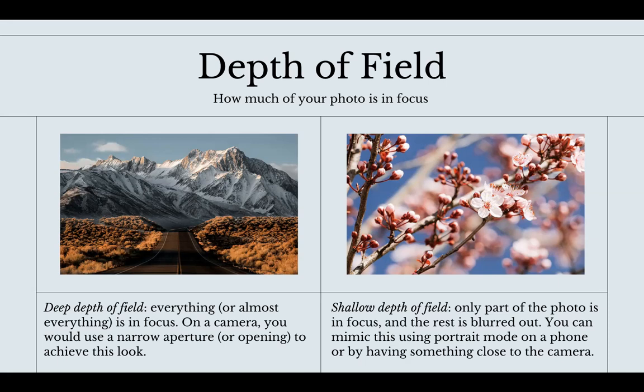You can mimic shallow depth of field using portrait mode on a phone, or if you don't have a phone with portrait mode, you can position something very close to the camera with a background or background objects that are further away, and your phone will usually adjust to a shallow depth of field naturally. If you have an actual camera and would like help using aperture to adjust your depth of field, please let me know. You can just email me and I'd be happy to help.